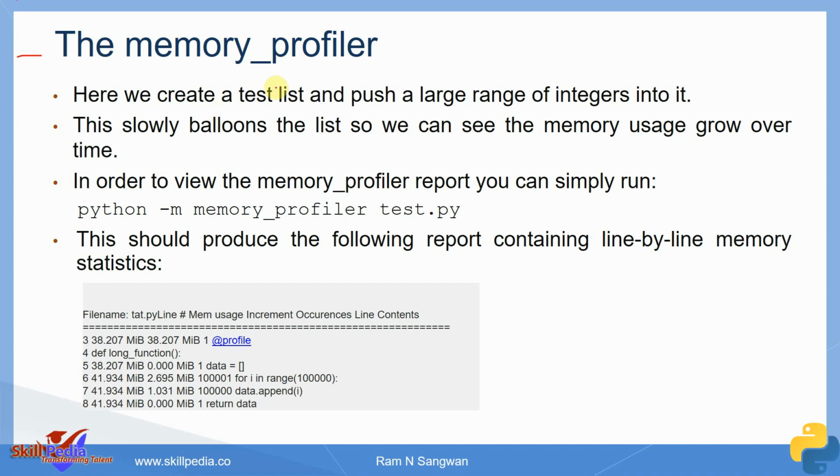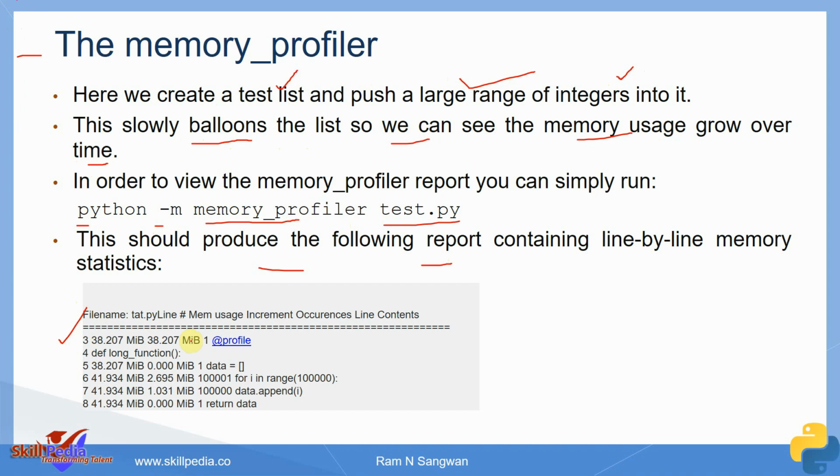Here we create a test list and push a large range of integers into it. This slowly balloons the list so we can see the memory uses grow over time. In order to view the memory profiler report, we can simply run python -m memory_profiler and the program name. This produces the following report containing the line by line memory statistics.